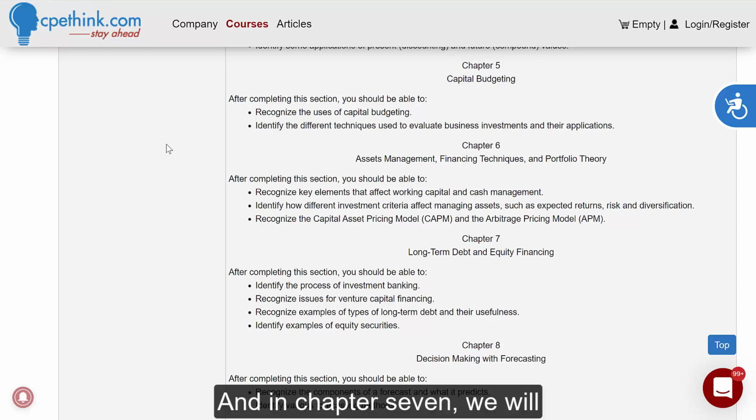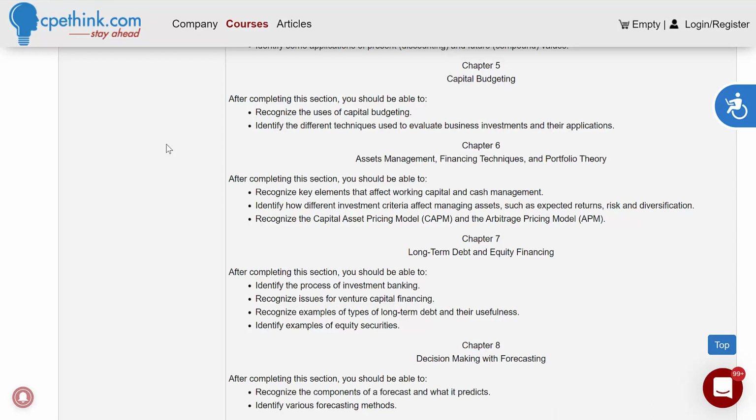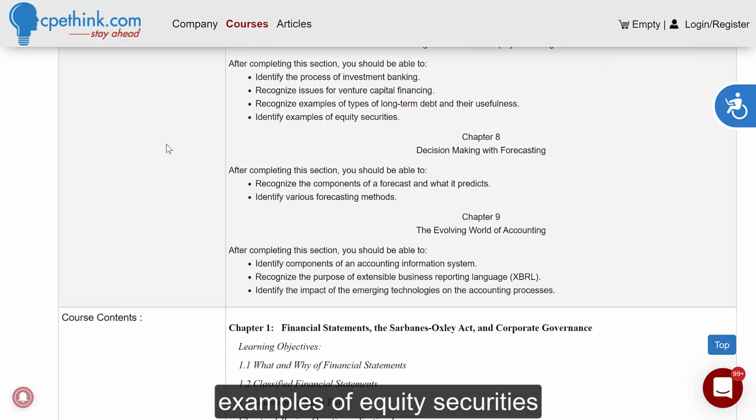And in Chapter 7, we will look at long-term debt and equity financing, which will include identify the process of investment banking, recognize issues for venture capital financing, recognize examples of types of long-term debt and their usefulness, and identify examples of equity securities.